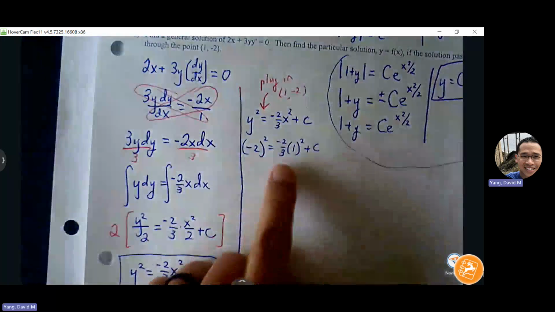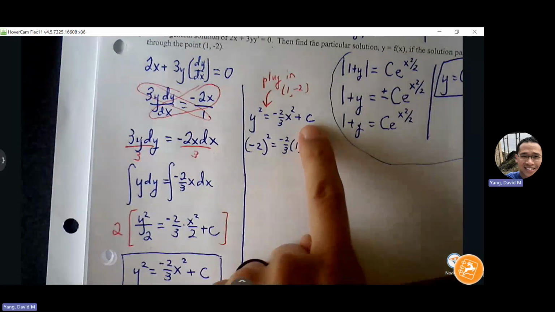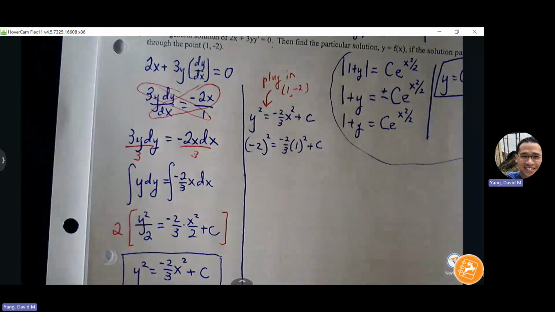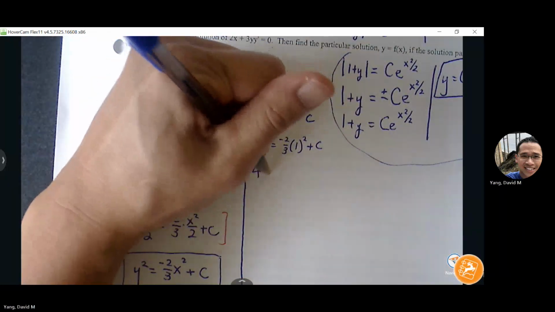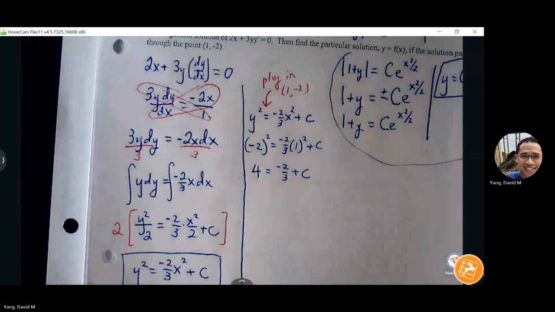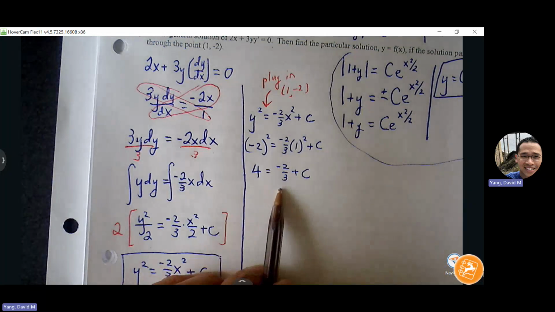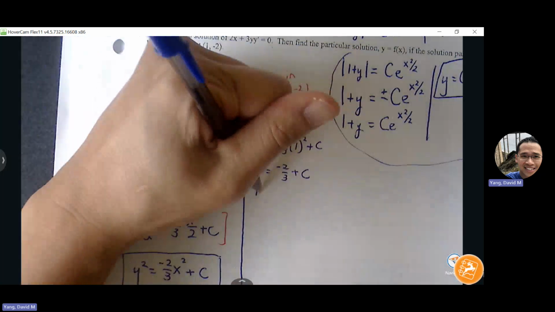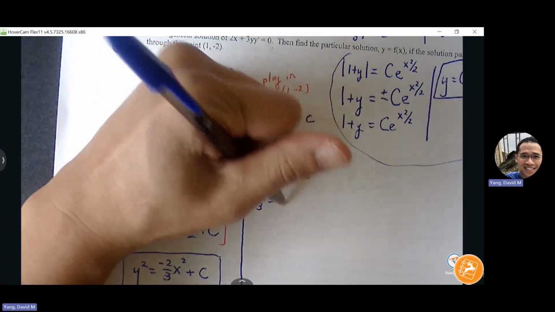And now we're just solving for c, because once we solve for c, we'll come back to this equation and replace that c with the number that we find. So 4 plus 2/3 is the same thing as 12/3 plus 2/3. So that's 14/3 is c.